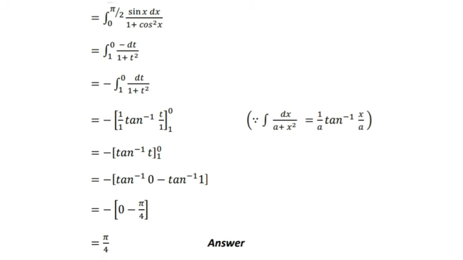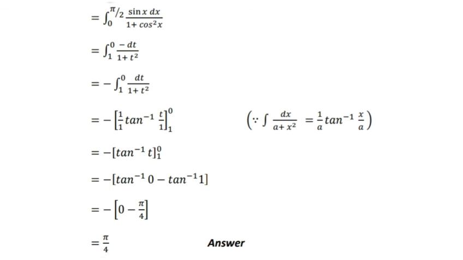So the integral from 1 to 0 dt upon 1 plus t square will be just 1 upon 1 tan inverse t upon 1, and the limits from 1 to 0 written at the bottom right and the upper right of the two rectangular brackets. So after we have done that, we get the value is equal to pi by 4.